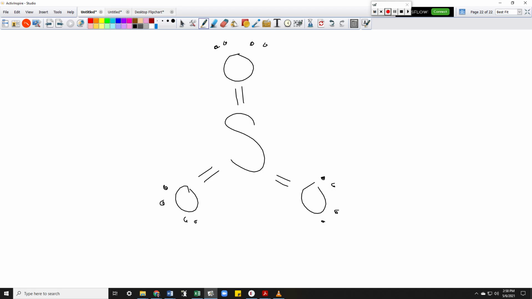How many does S now have around it? 2, 4, 6, 8, 10, 12. Why is that okay? What can sulfur have? Expanded octet. So do you see how this is possible? For those that have expanded octets, you can make them look all crazy. This was an accepted answer for that molecule because it's a true resonance Lewis structure.